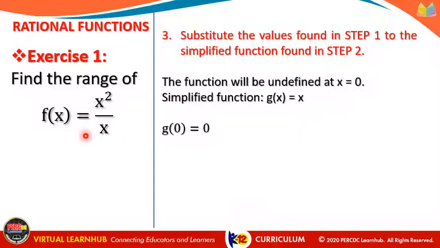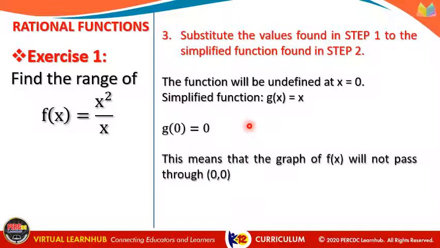So, ibig sabihin, hindi mo rin makukuha yung value na 0. So, therefore, later makikita natin, the graph of the original function must not pass through 0, 0. Again, ano tong 0 na to? Yun yung x na yan. Ano naman yung 0 na ito? Ito yan.